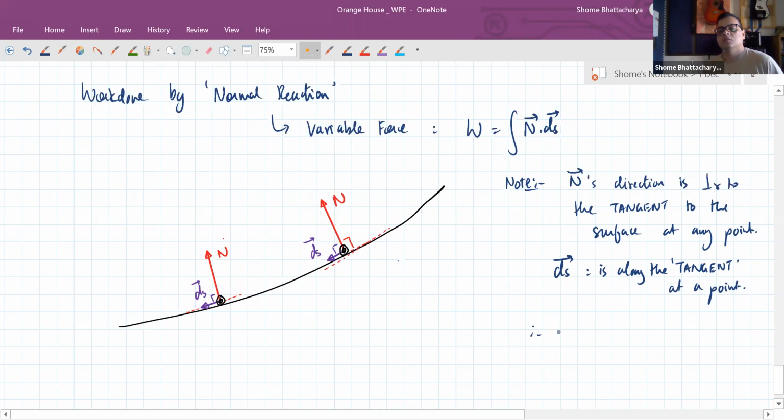So therefore, this normal reaction force is perpendicular to the differential displacement always.